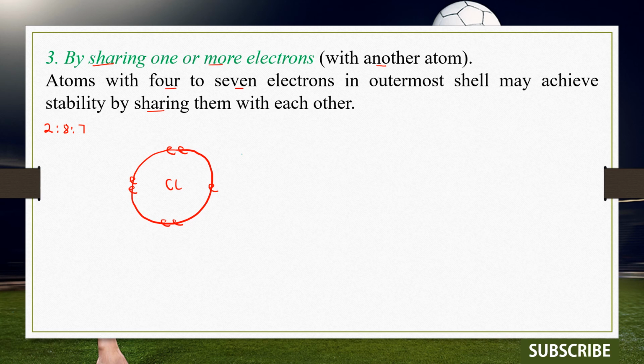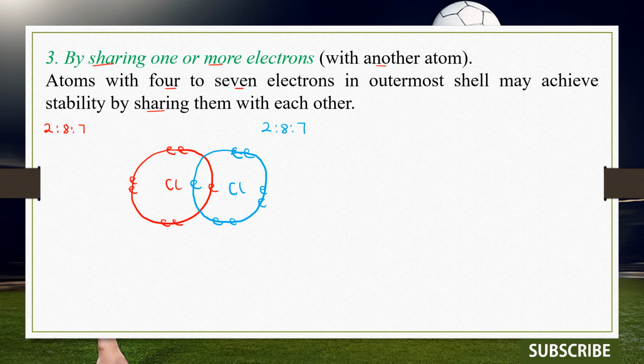So we shall sketch another atom of chlorine. It also has 7 electrons in the outermost energy level. 1, 2, 3, 4, 5, 6, 7. So you realize that the chlorine atom in red and in blue, they all share certain electrons.